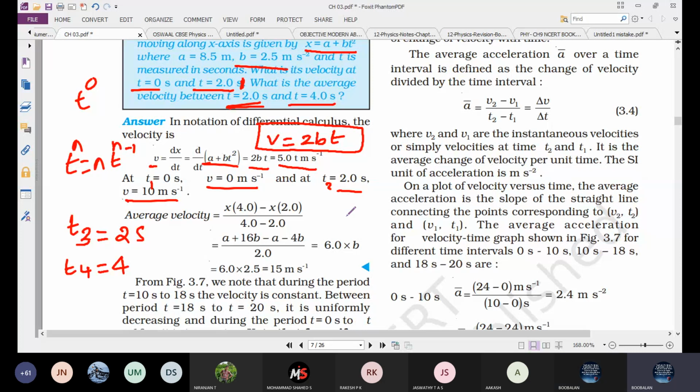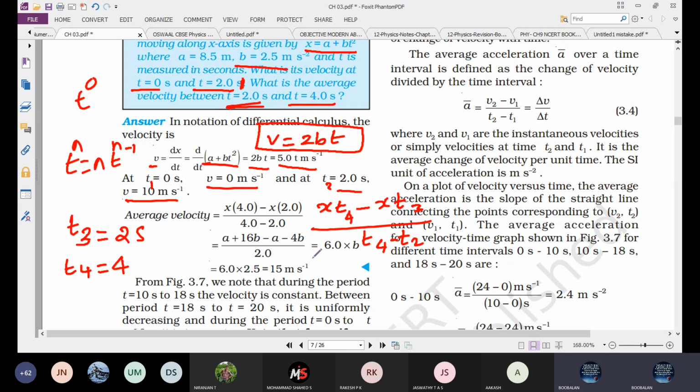minus, t means t4, minus x t3, divided by the time difference, t4 minus t2. If it is uniform you can take it directly.